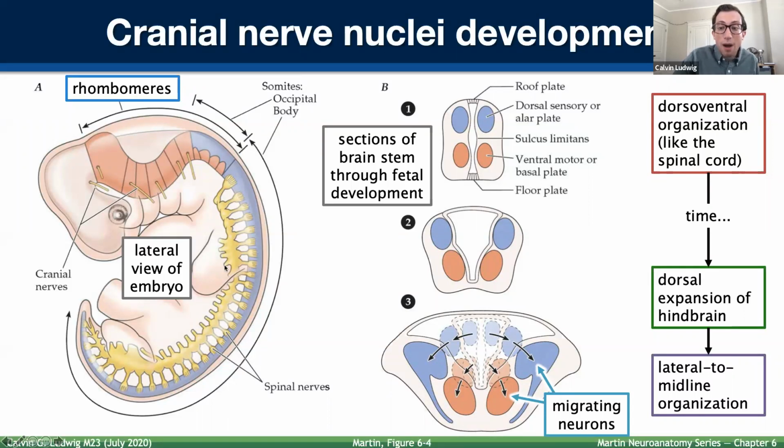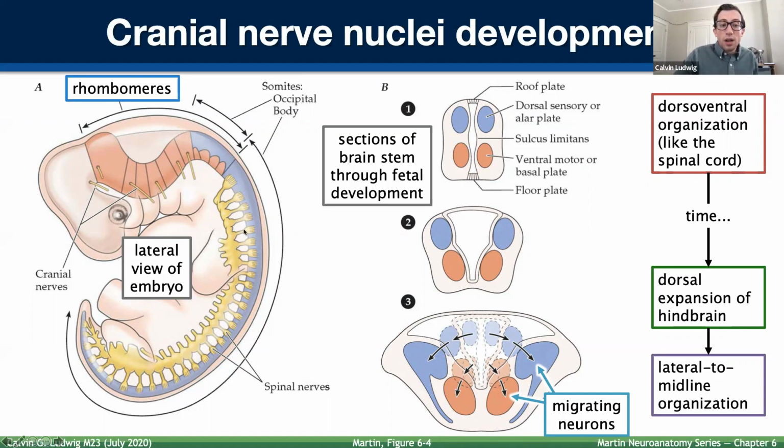The developing pons and medulla have 8 segments up here in red, termed rhombomeres. It's a blue box, but on the picture they're red. These provide sensory and motor innervation from most of the head to the cranial nerve peripheral projections.